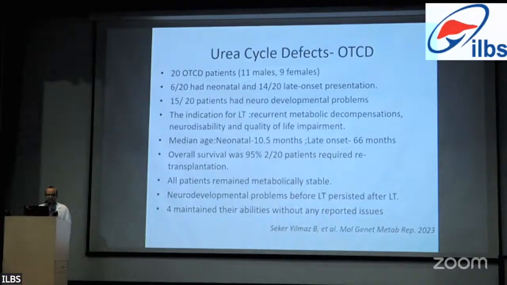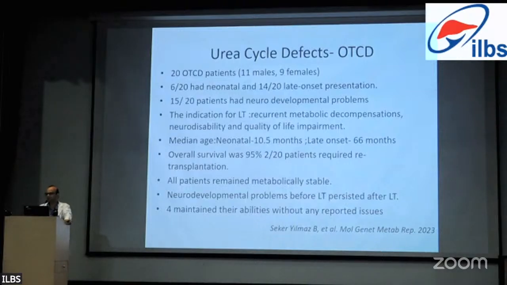The indications for transplant were recurrent metabolic decompensations, neurodisability, and quality of life impairment. Median age in the early onset group was 10.5 and in the late onset group 66 months. Overall survival was 95%, with 2 requiring retransplantation. The patients remain metabolically stable, but the neurodevelopmental problem persists.